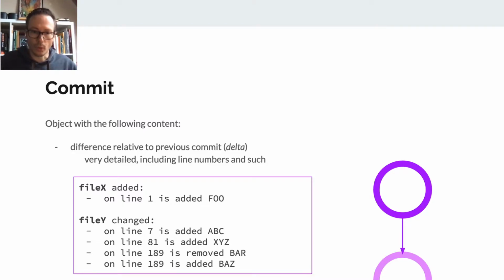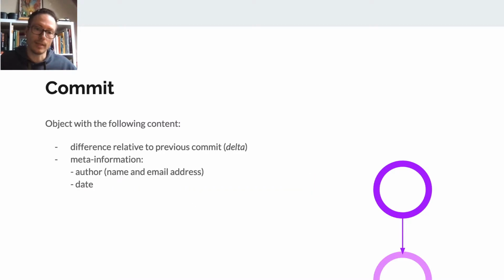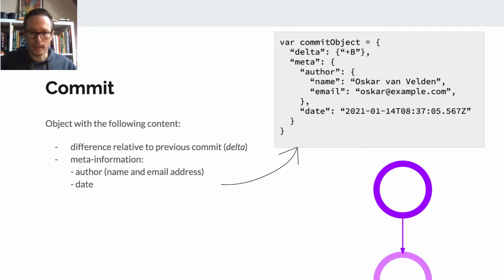But a commit has more information. It also has the author, so who committed it, the name and the email address of that person, and the date and time. And it is very important to realize that the date and time are also included. You will see why in a few slides ahead. So to simplify, you can write it like this.